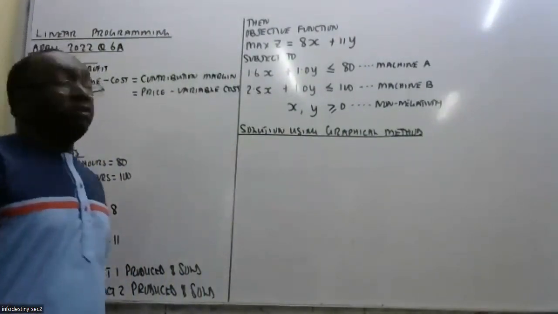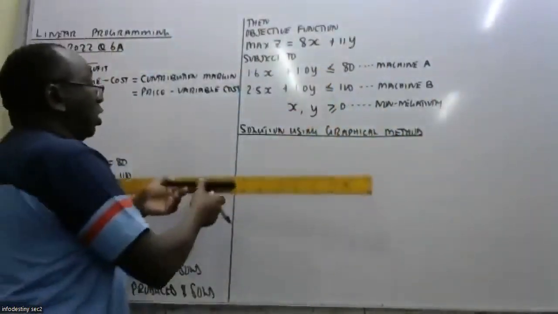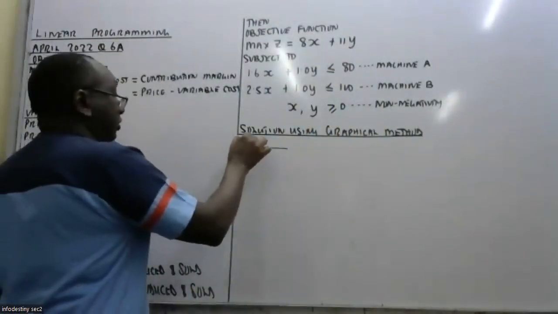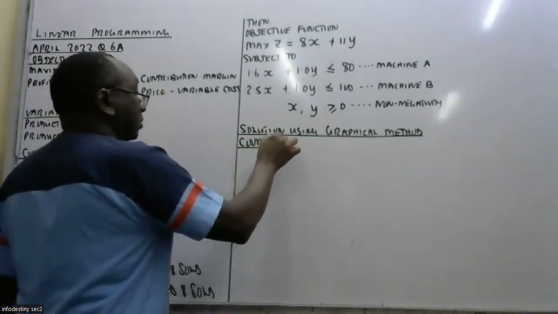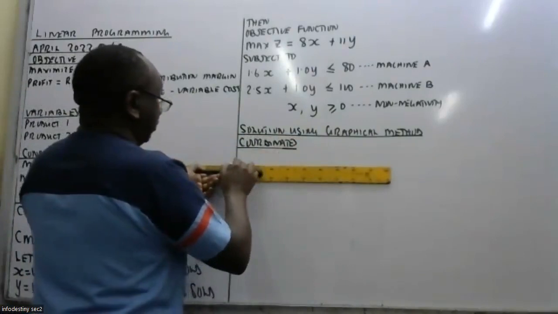Using the graphical method, the first thing that we do is called coordinates.